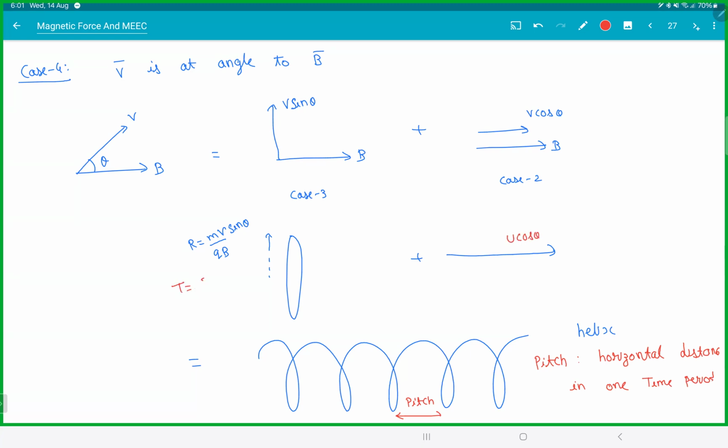And the time period formula is how much? 2 pi m by qB. Time period is independent of velocity. And what is the pitch then? Pitch is the horizontal velocity, u cos theta, into time period. There, have a look at this. So case 4, if you're sending V at an angle theta, you get a helix.